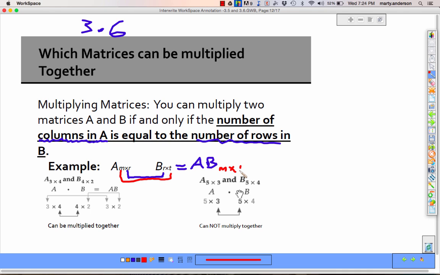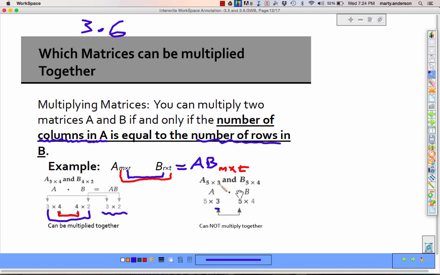If you look at these examples down here, a 3 by 4 times a 4 by 2. These two 4s make it go. That's what has to be the same in order to be able to multiply. And my answer is this 3 by 2, which is what they have over there.